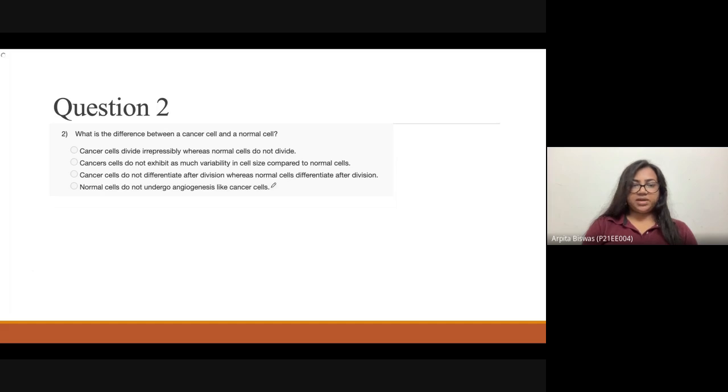The third option is cancer cells do not differentiate after division, whereas normal cells differentiate after division. And the fourth option is normal cells do not undergo angiogenesis like cancer cells. So find out the right answer.